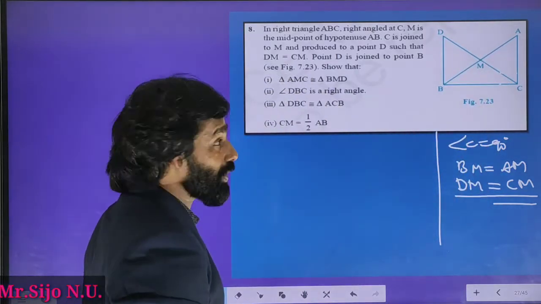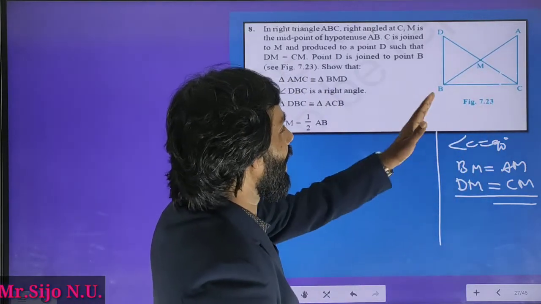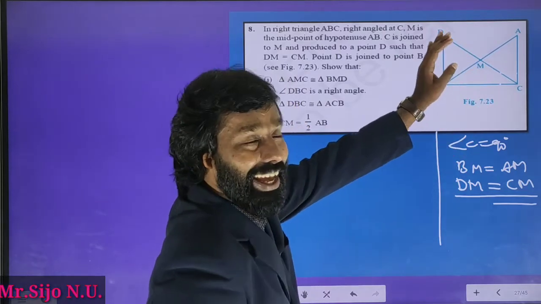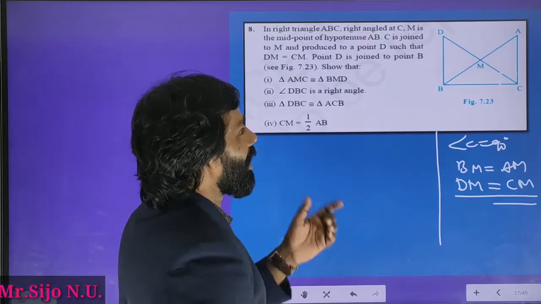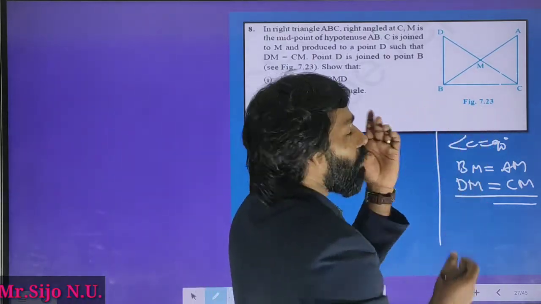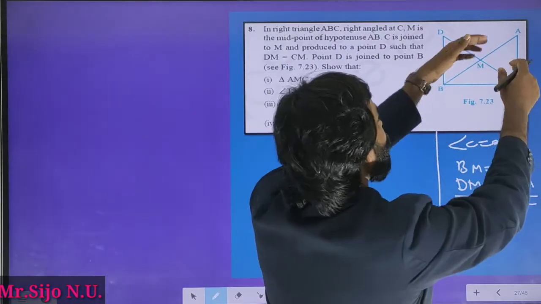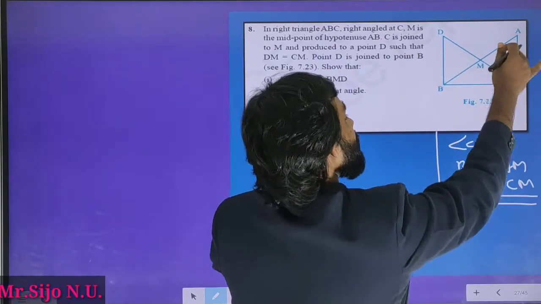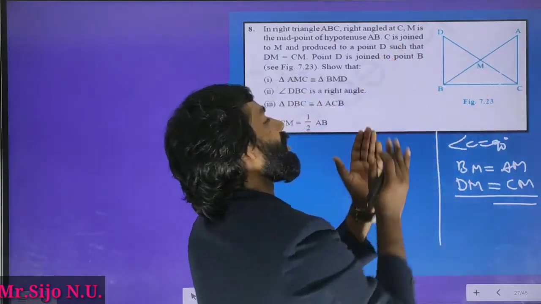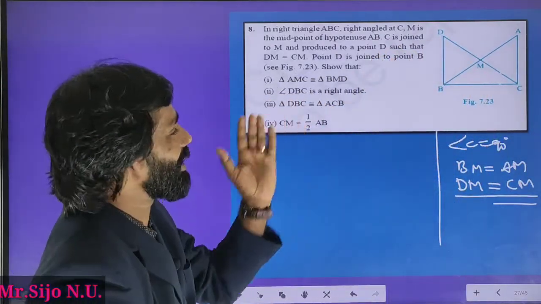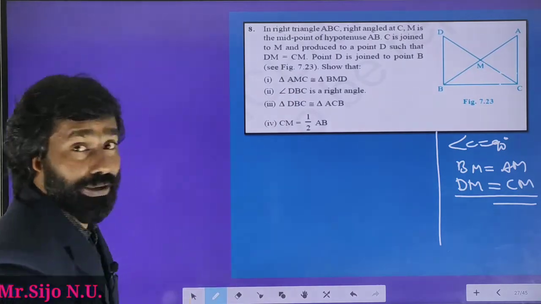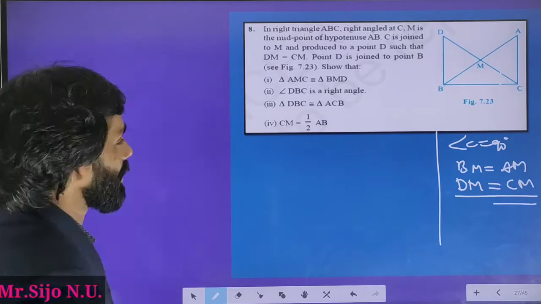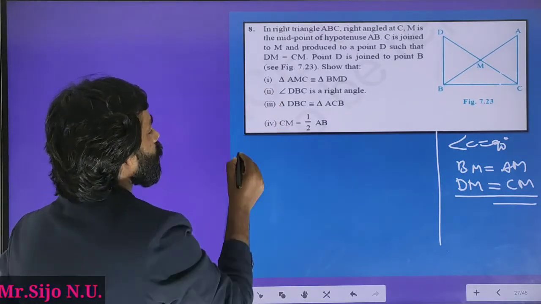So by using the SAS rule we can apply here. Once you think about it, when we rotate this triangle and fold it like that, of course it is congruent. Just imagine it, then it will be easy for you to prove these things. So here we can prove the first question.